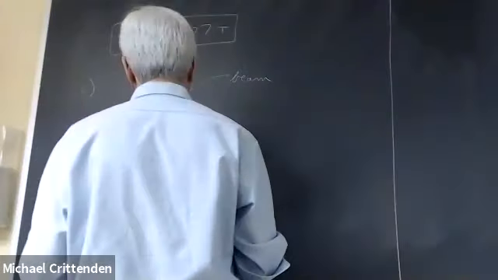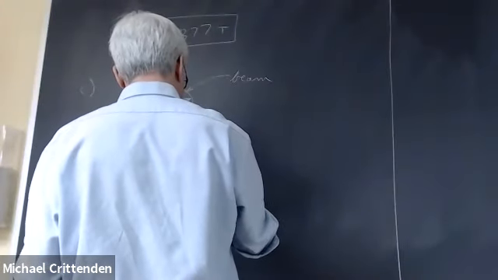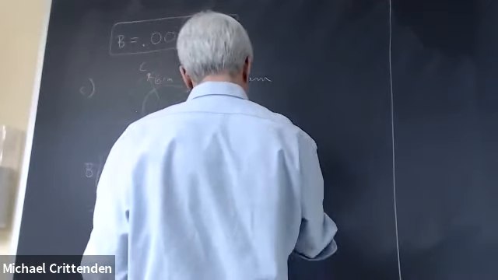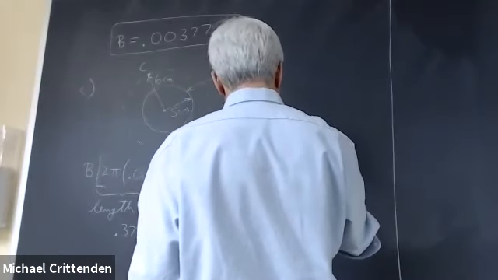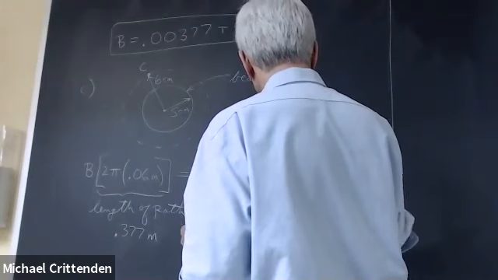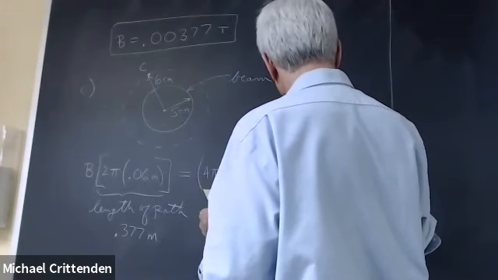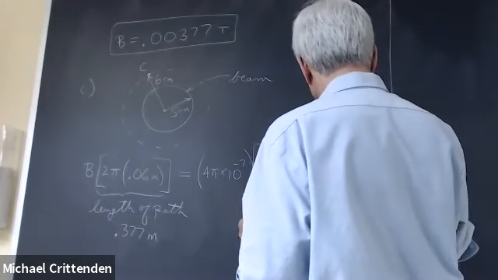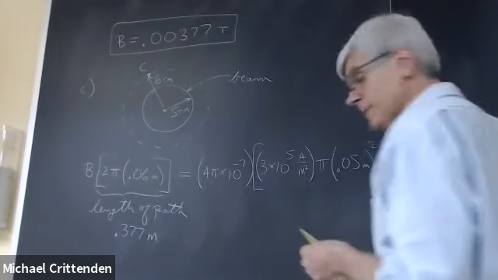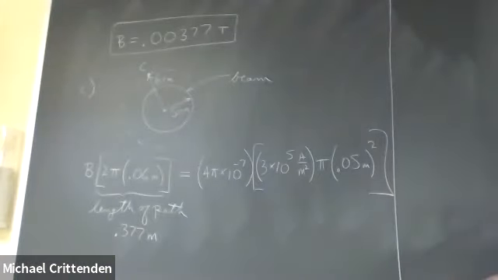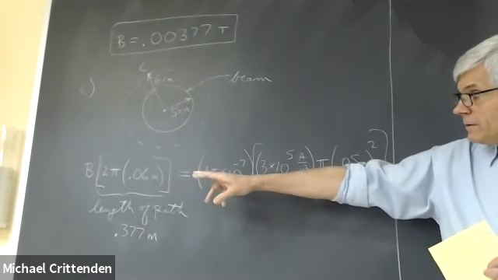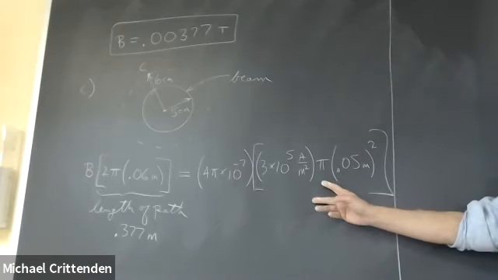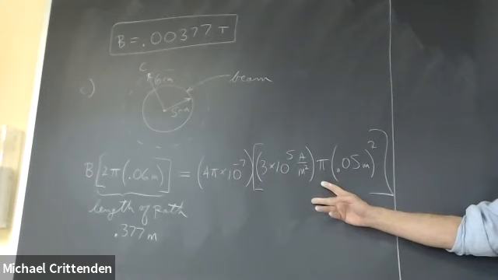Over here on the other side, the field times the length of the path equals mu naught times the amount of current passing through the path.